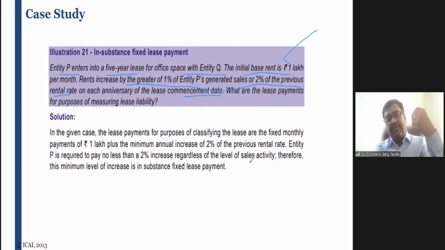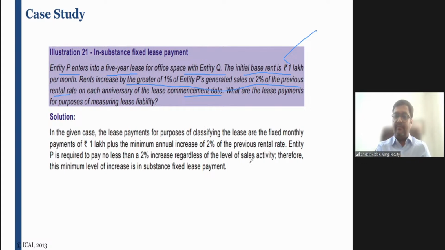That means even if the lessee makes no sales, he still has to pay 2% of the last rental, because the formula is: rent increase is equal to the higher of 1% of entity sales and 2% of the previous rent, right? It is the higher of these two things on each anniversary of the lease commencement date.